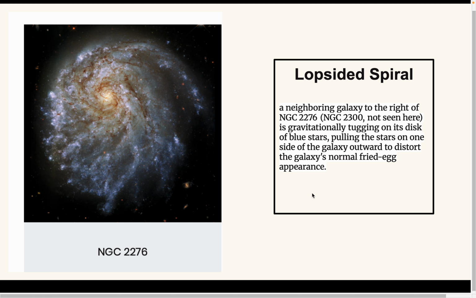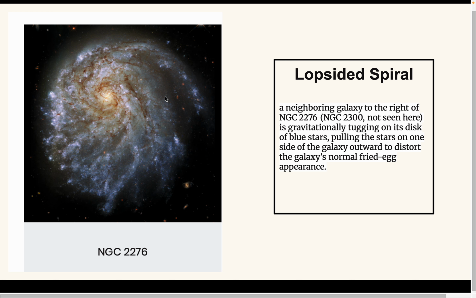Here is the lopsided galaxy NGC 2276. It is believed that another nearby galaxy, NGC 2300, is gravitationally tugging on the disk of this galaxy, so that the stars of this galaxy's disk are moving to one side, becoming lopsided.